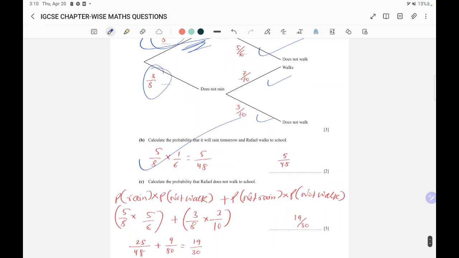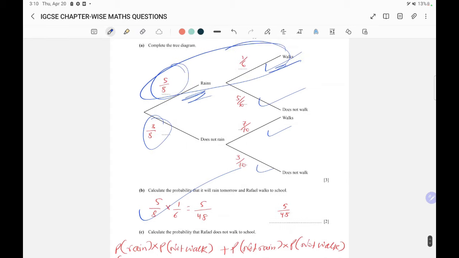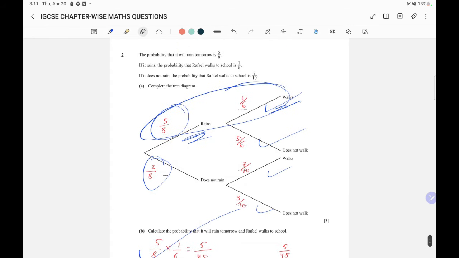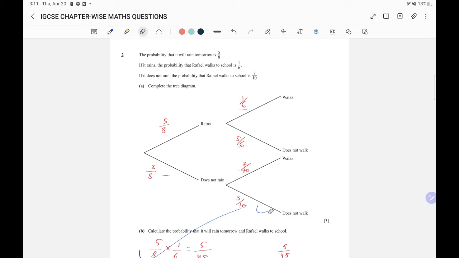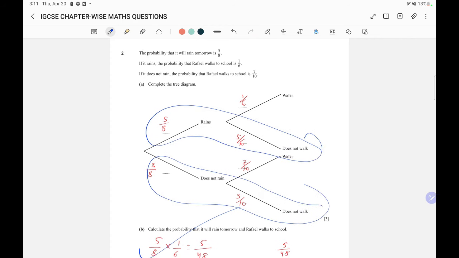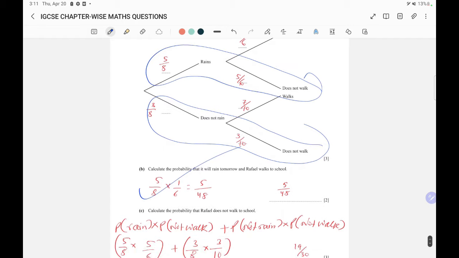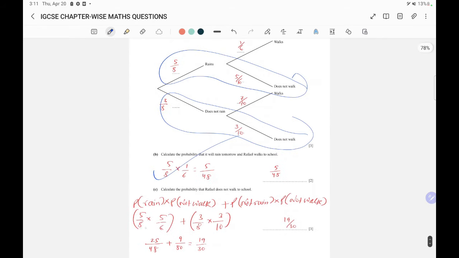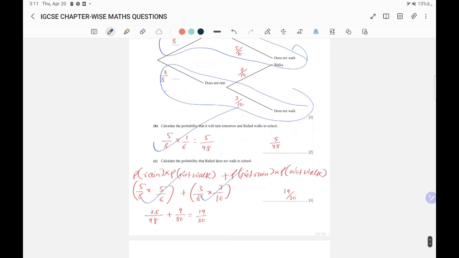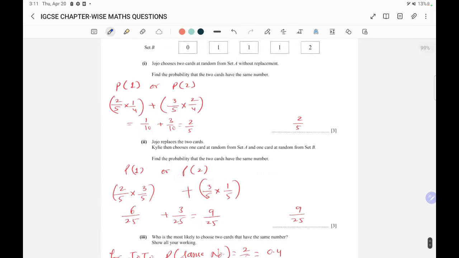Good. Calculate the probability that Raphael does not walk. So does not walk is possible in this case and in this case. So 5/8 times 5/6 and 3/8 times 3/10, and just add 19/30.